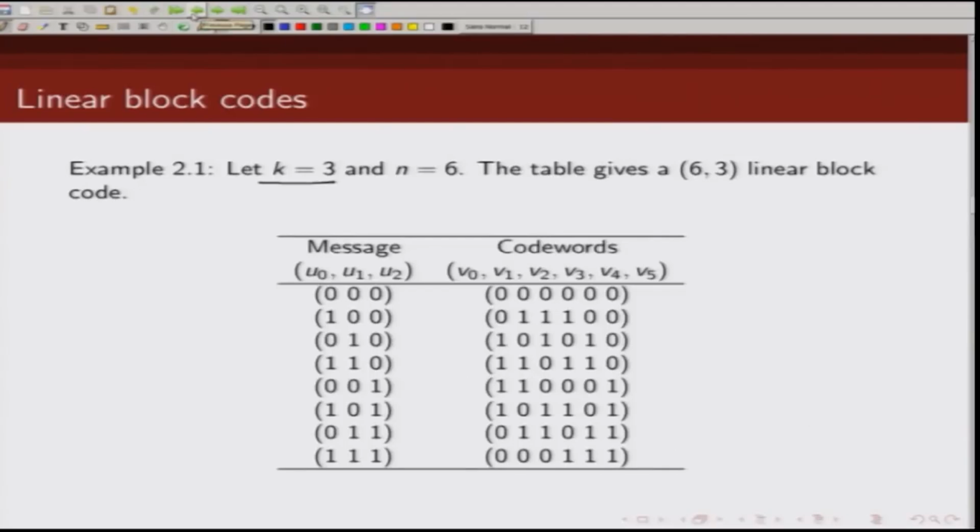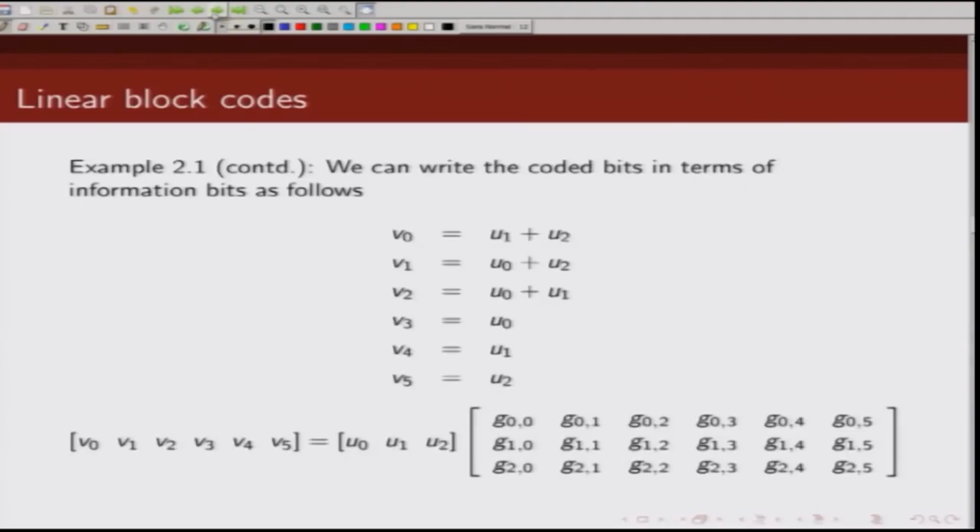We can see easily V0 is this column and it is the same as U1 plus U2. So, U1 plus U2 in this case is 0, 1 plus 0 is 1, 0 plus 1 is 1, 1 plus 1 is 0 modulo 2, and 1 plus 1 is 0 modulo 2. So, this V0 is basically given by U1 plus U2.